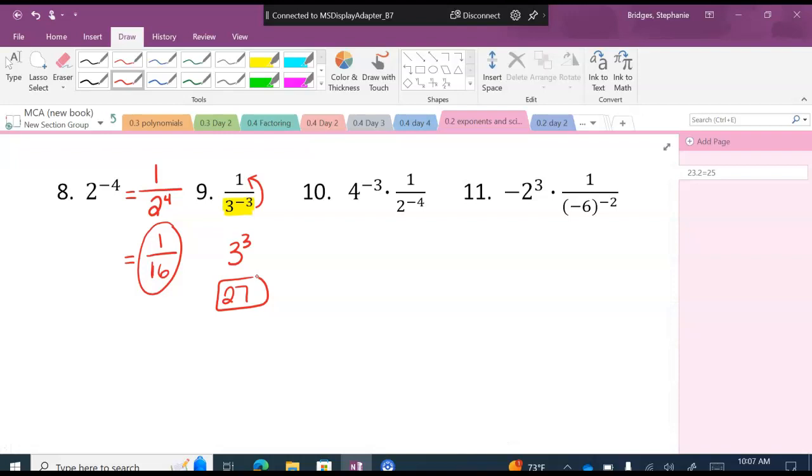All right, we're going to do 10 piece by piece. I have 4 to the negative third power times 1 over 2 to the negative fourth power.